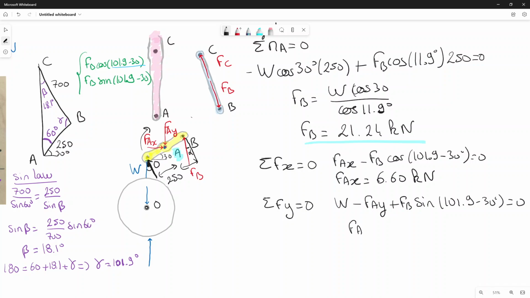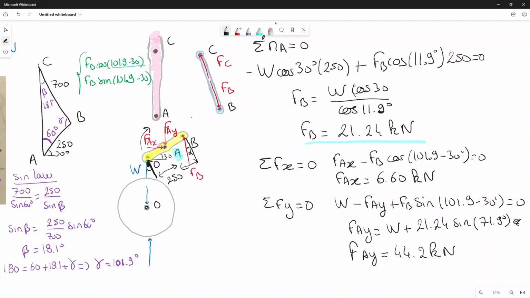So we have FAY equal W plus FB, that's my 21.24, times sine 71.9 degrees. Oops. So we got FAY, so this one will be larger. Okay, how much is that? It's equal to 44.2 kilonewton.